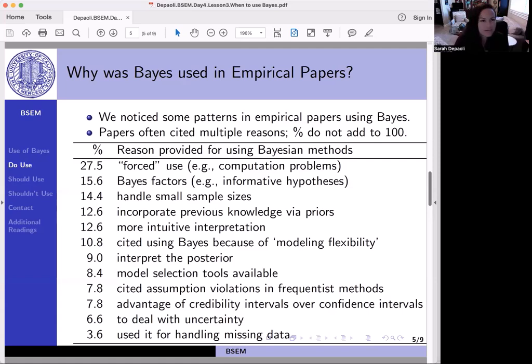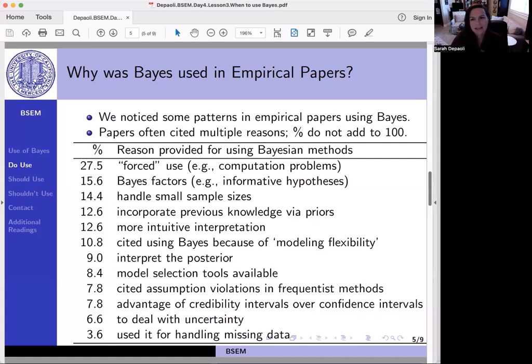This is an important finding, I think, because it shows you that the bulk of papers are not using these methods because of philosophical reasons. There are very practical reasons that are driving the use in these larger categories. Many of the lower cited reasons listed here are tied to, at least to some extent, the use of priors and how results can be interpreted.